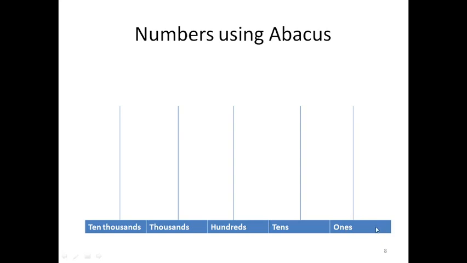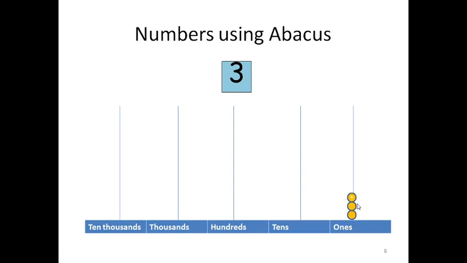The last rod is represented by ones, then the next tens, next hundreds, next thousands, next 10,000s. Let's take a number. Number 3. How many ones do we need to represent number 3? We need 3 ones.